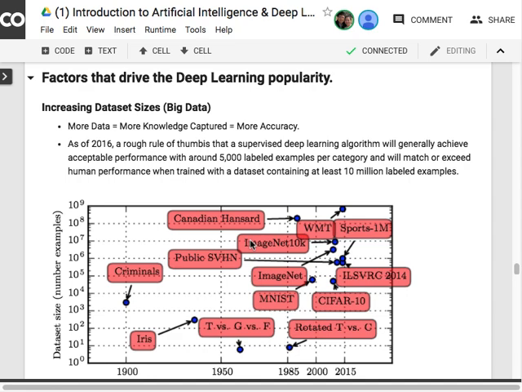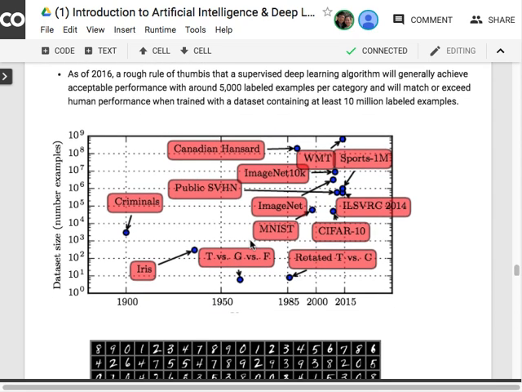You can see the trend in the datasets available for machine learning: they are increasing in size, and the dataset size grows by a factor of 10, and you can see that it is increasing this way.